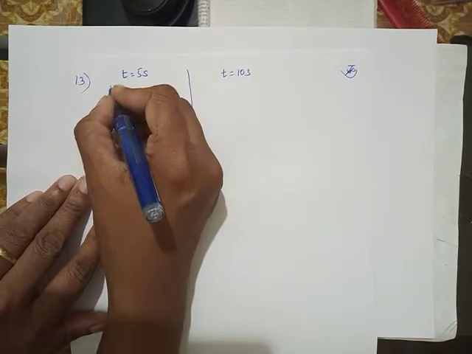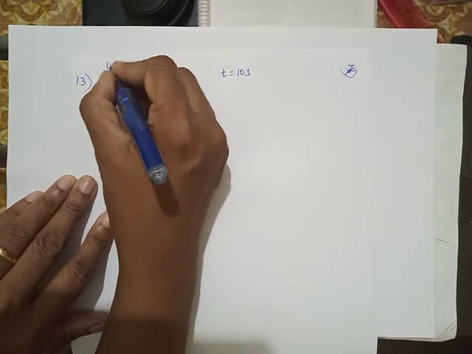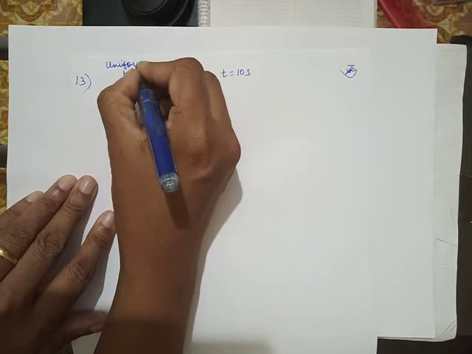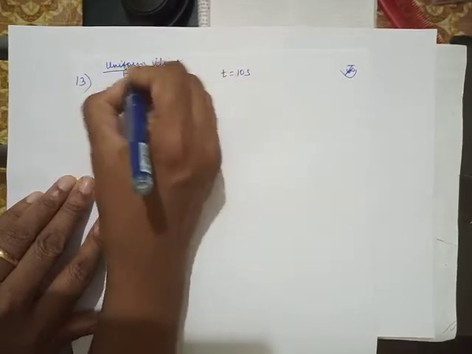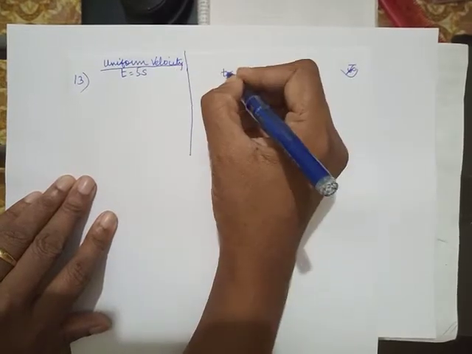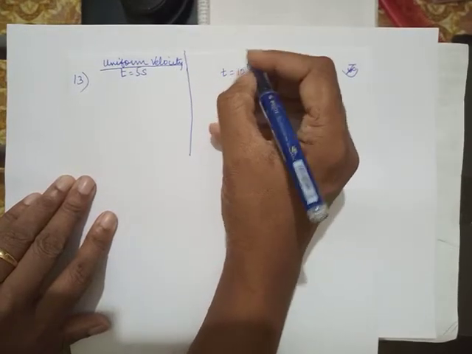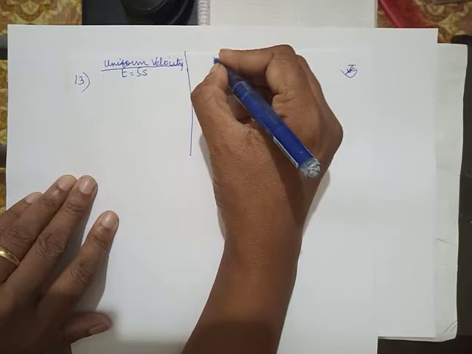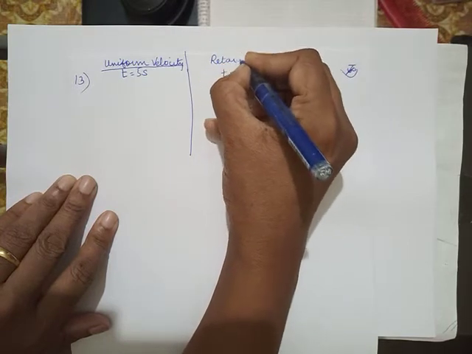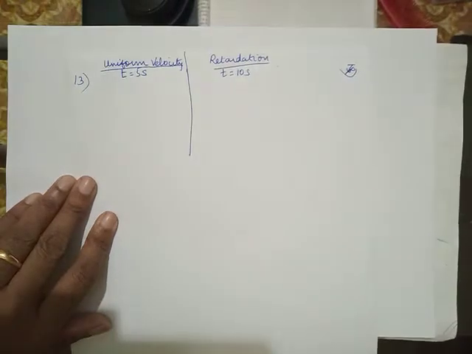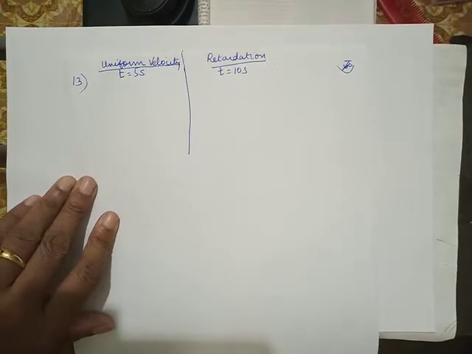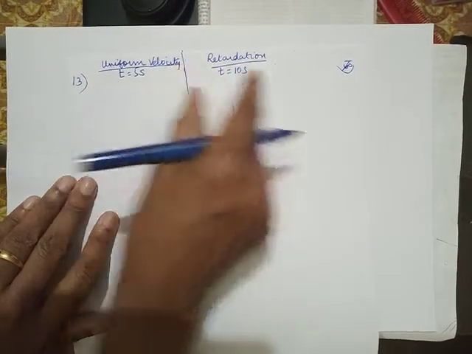During the first 5 seconds, what kind of motion? Uniform velocity. And during the last 10 seconds, what kind of motion? Uniformly retarded, or retardation. So this car undergoes both types of journey, uniform velocity and retardation.